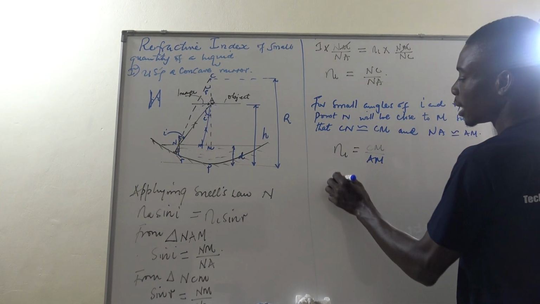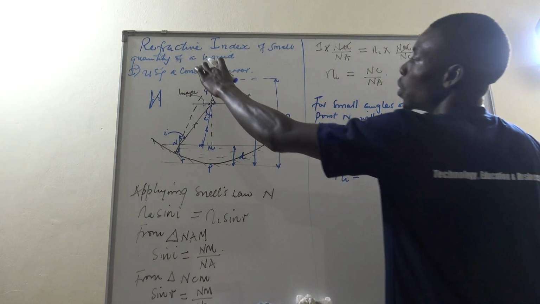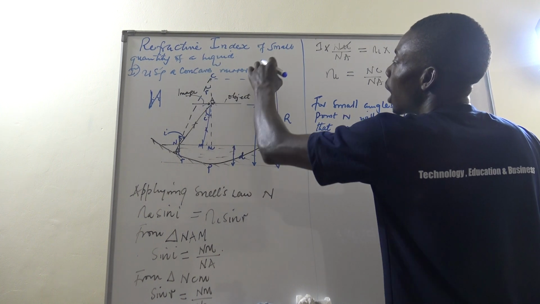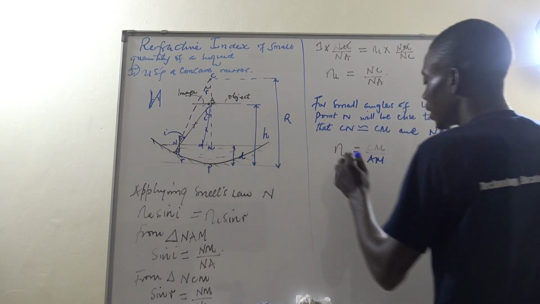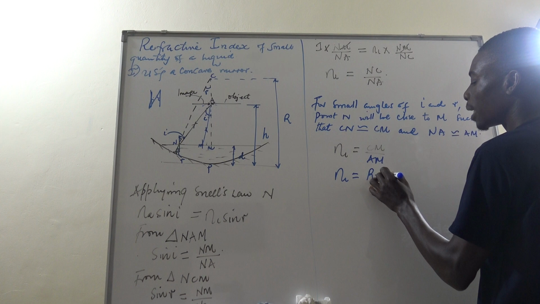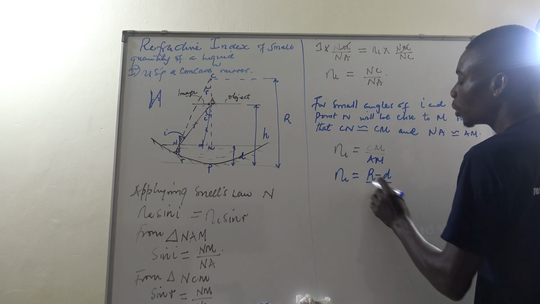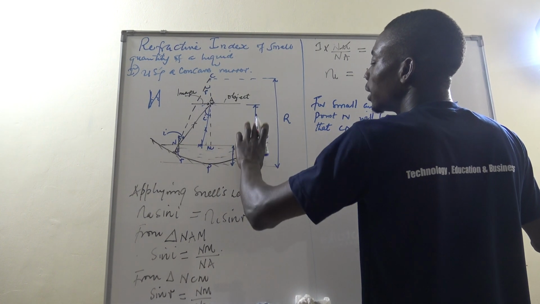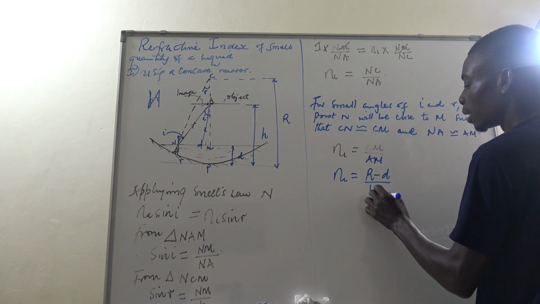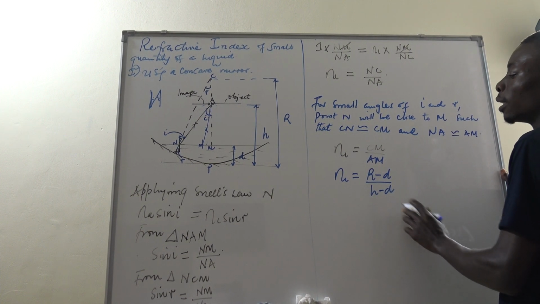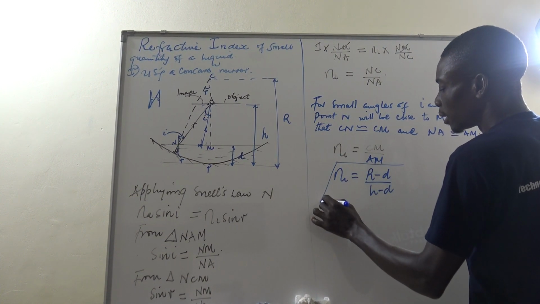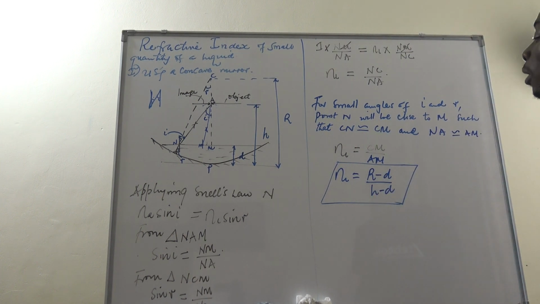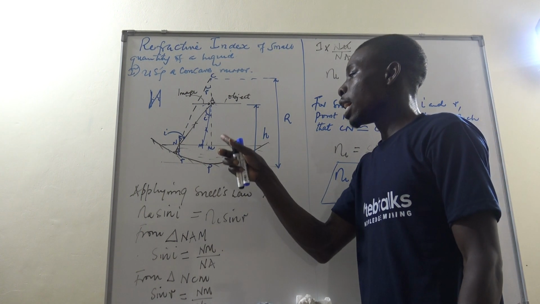And what is CM? CM is the same as R minus D, out of AM, and AM is the same as H minus D. And this is our expression for the refractive index of the liquid.